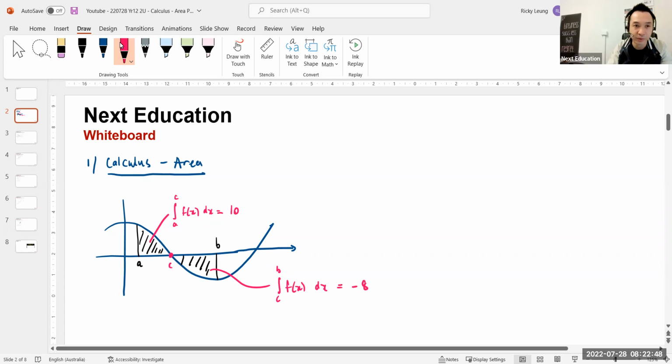And so then what they're going to ask you to do is, can you please find the integral from A to B, right? And then it's a simple case of adding or subtracting in this case to get 2, right? Pretty straightforward, nothing too hard about that, but the concept of positive and negative areas is especially key. Guys, with that concept in mind, let's hit up some of these past papers.